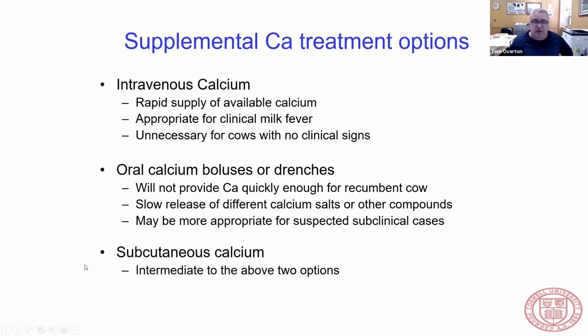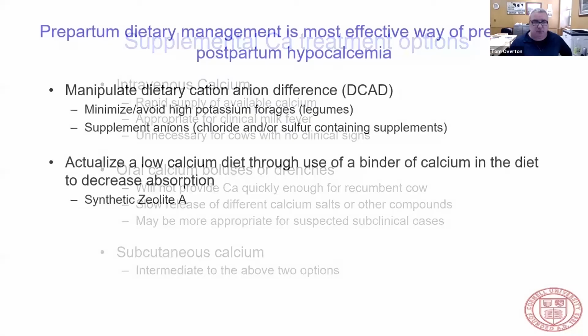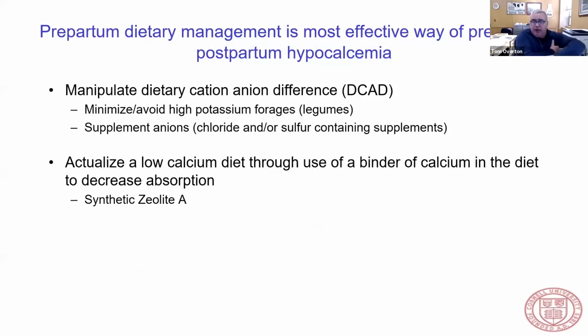Sub-Q is kind of intermediate, but again, my caution to you is to have a conversation with a veterinarian. Again, you can overdo calcium administration in fresh cows. So clearly, prepartum diet is the most effective way of preventing postpartum hypocalcemia.